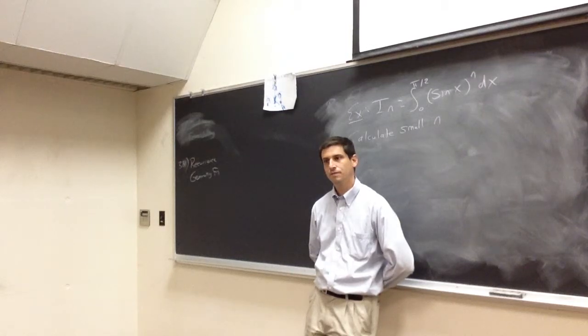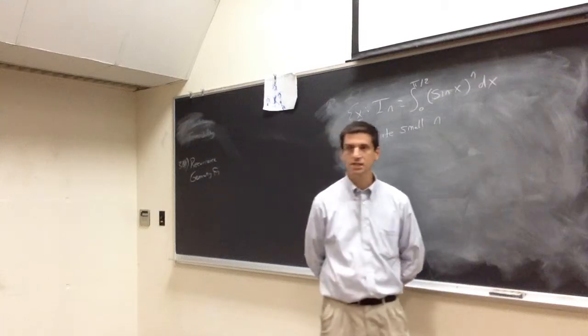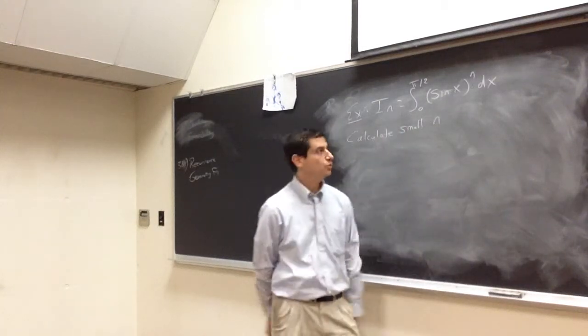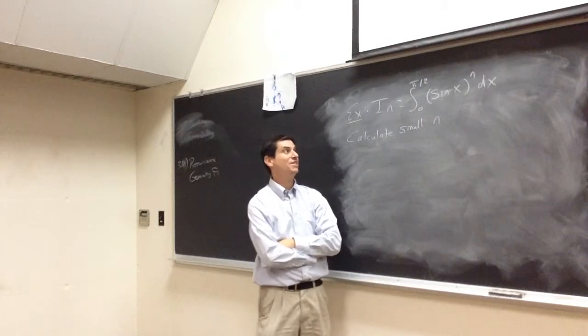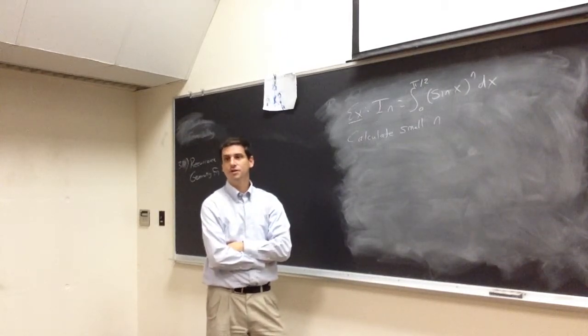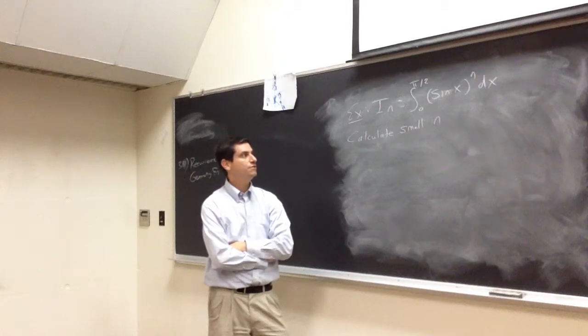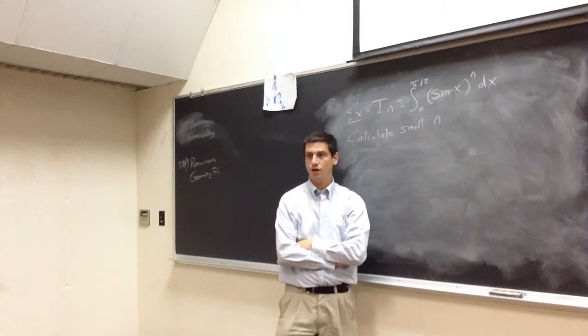I mean, on a larger interval, you would worry about cancellation. Right, so will we have any cancellation? So we're not going to have anything trivially 0, because we're going from 0 to pi halves. From 0 to pi halves, sine of x is always positive. So there's not going to be any difference in sign because of n being even or odd.